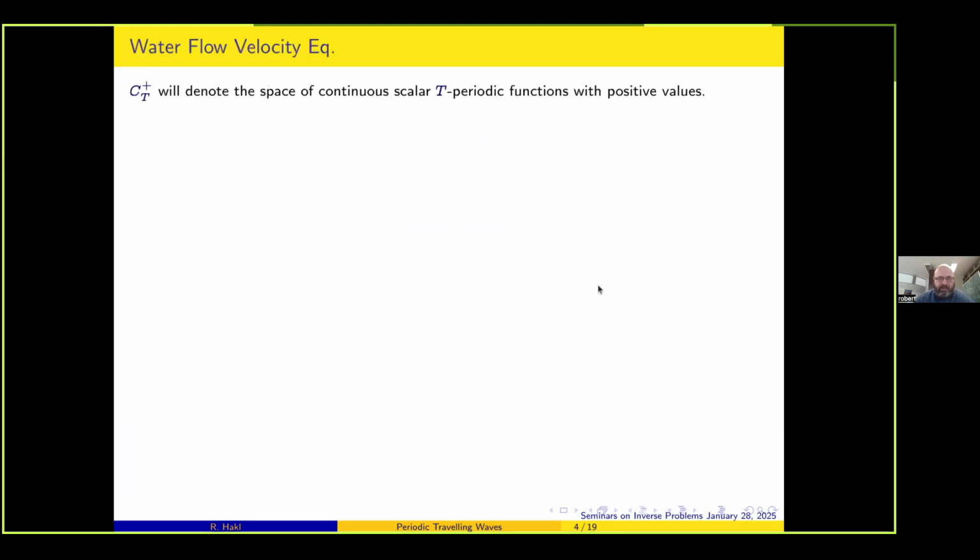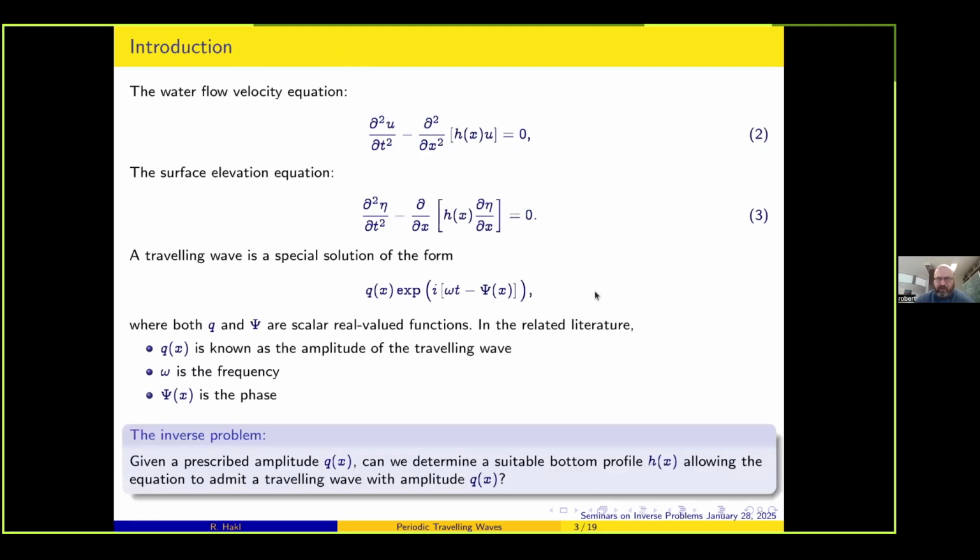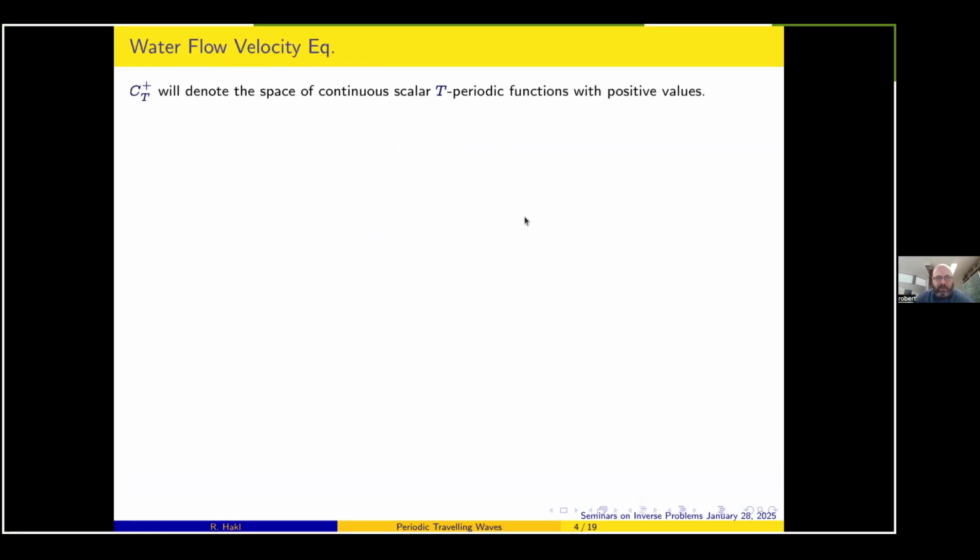We start with equation 2, and we will see that it is resolved already, and we then pass to equation 3, and this will be much more interesting. As for equation 2, we know C plus T is the space of continuous T-periodic functions with positive values.